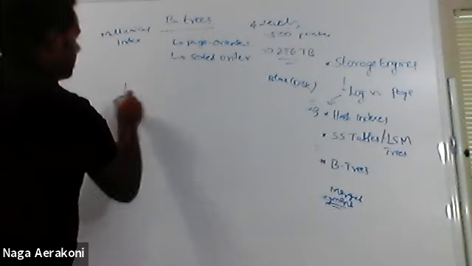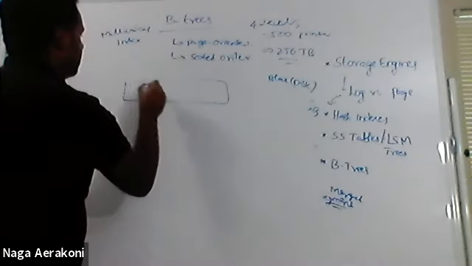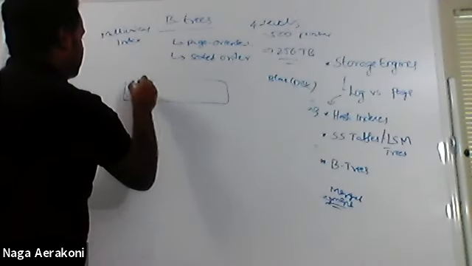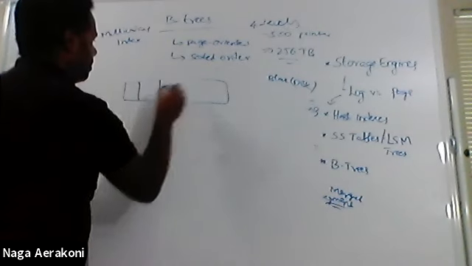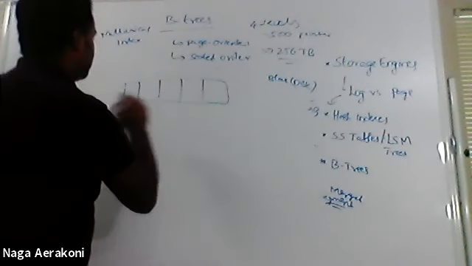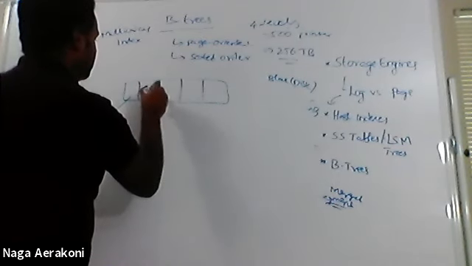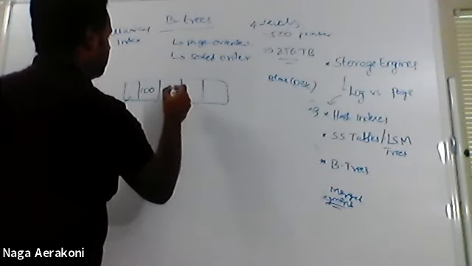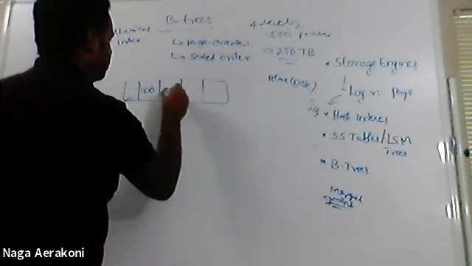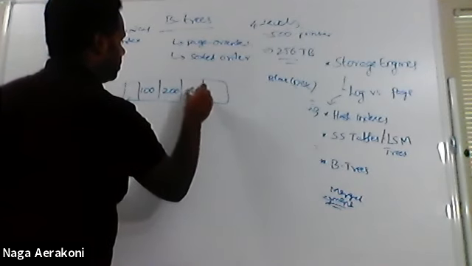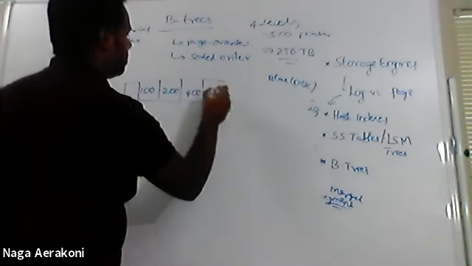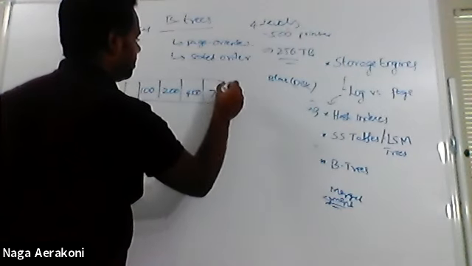Let me represent the same thing. Let's say this is 100, and this is 200, this is 400, 700.